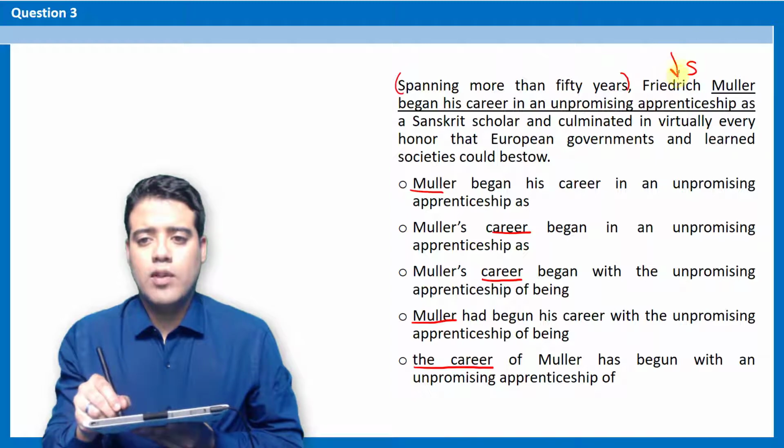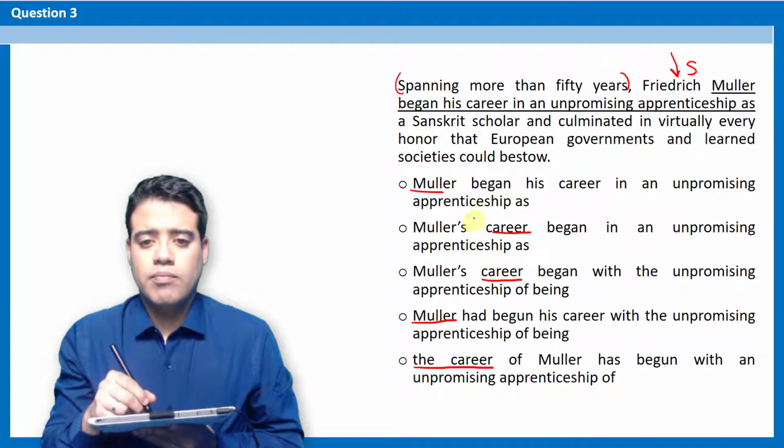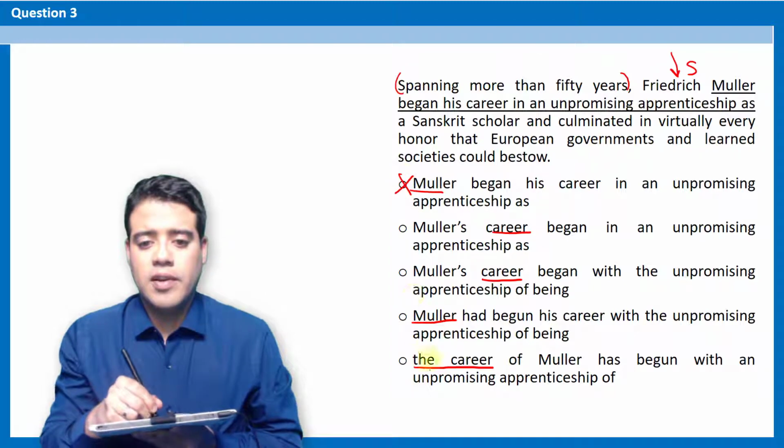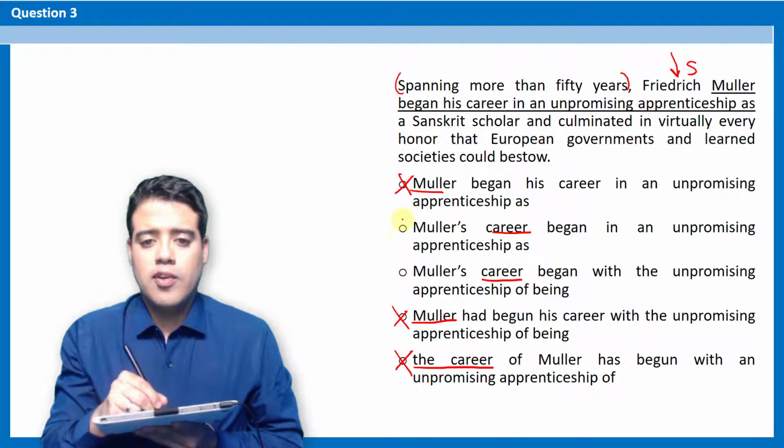So after the word Friedrich, you need his career. You need Friedrich Mueller's career. So A cannot be the answer. I cannot say Friedrich the career, so E is wrong. I cannot say Mueller. So you must be between two choices.